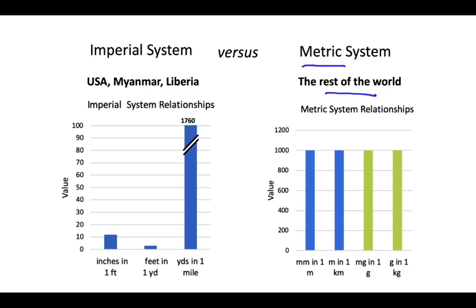For example, there are 1,000 millimeters in 1 meter. There are also 1,000 meters in 1 kilometer. If we switch to grams, the numbers don't change: 1,000 milligrams in 1 gram, and 1,000 grams in 1 kilogram.